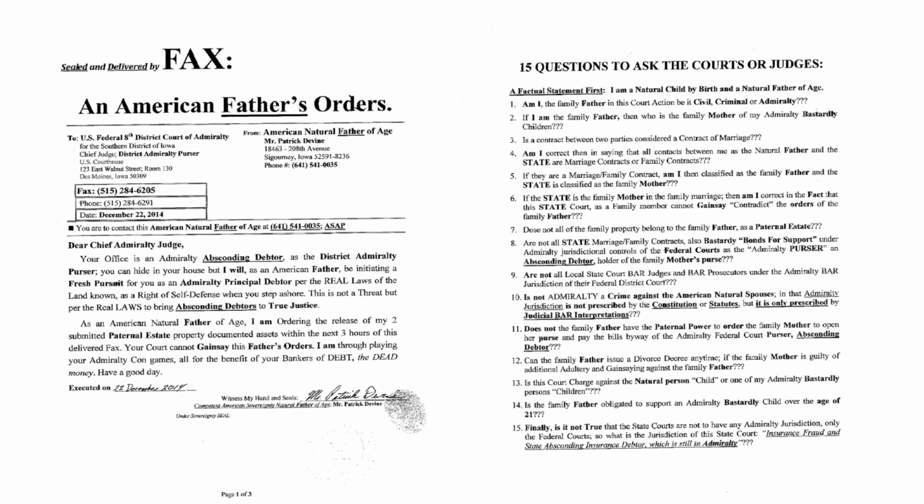Get out of here. Number 12. Is this court charge against the natural person child or one of my admiralty bastardly person's children? Question mark. Number 13. Is the family father obligated to support an admiralty bastardly child over the age of 21?